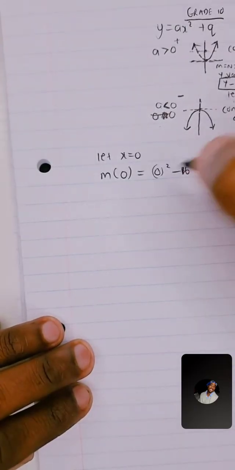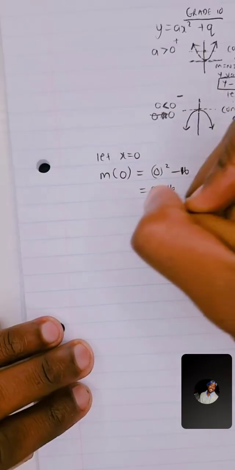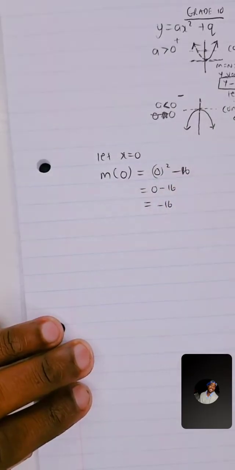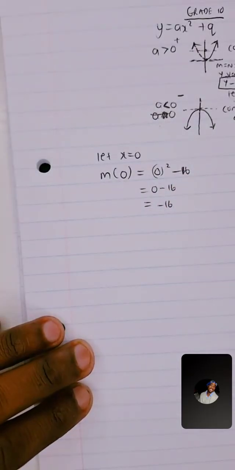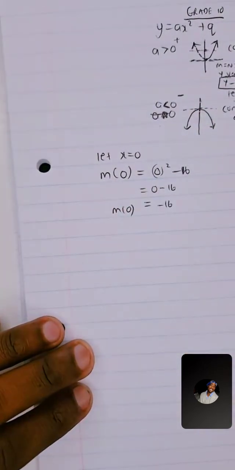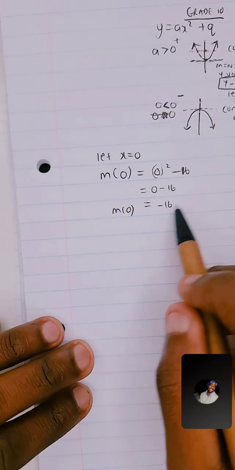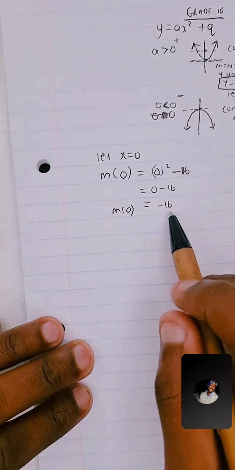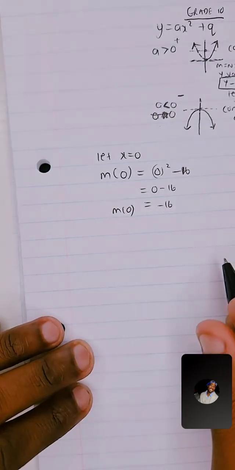So what do you get then as a value? 0 minus 16 is equal to negative 16. So that means m of 0 is equal to negative 16. This is the y-intercept of that parabola.